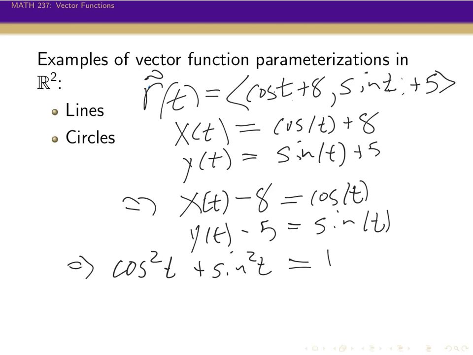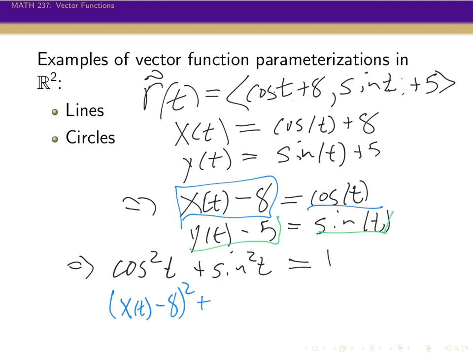We've got that cosine of t is equal to x minus 8, so cosine squared is my x-coordinate minus 8, squared, plus sine, which is y minus 5, squared, equal to 1.